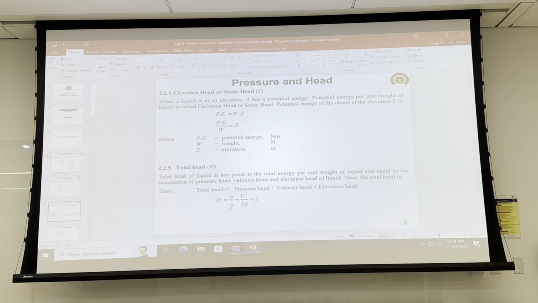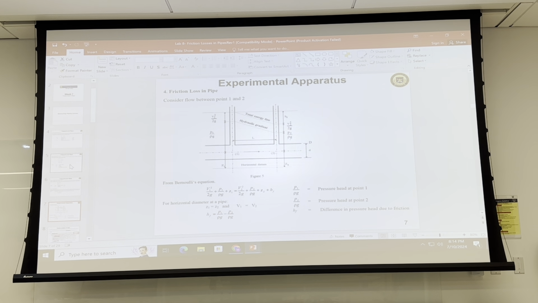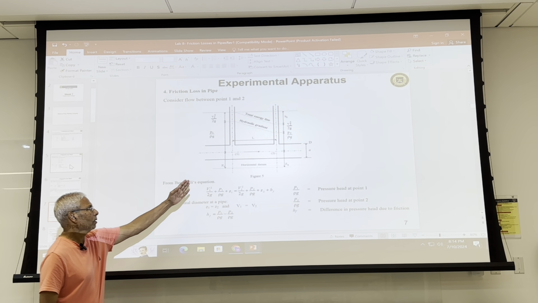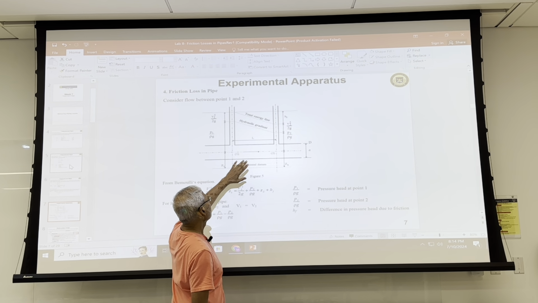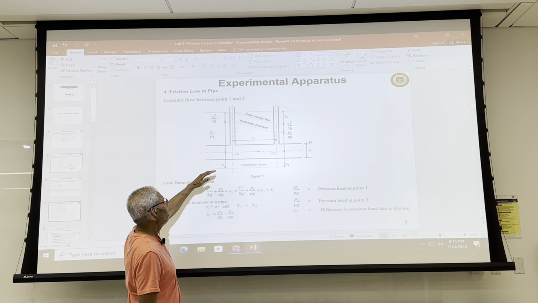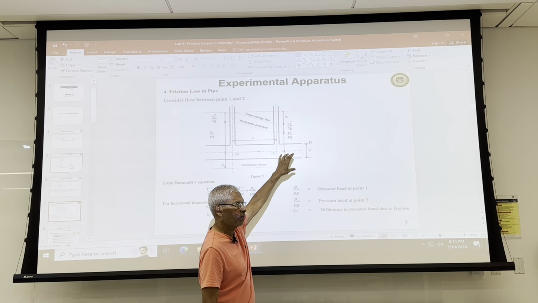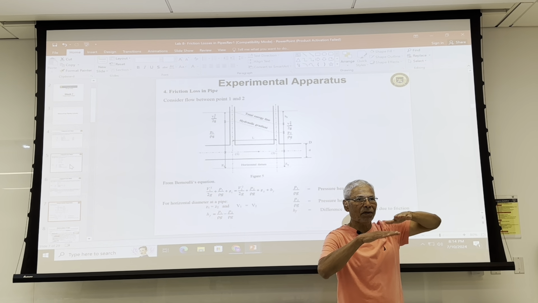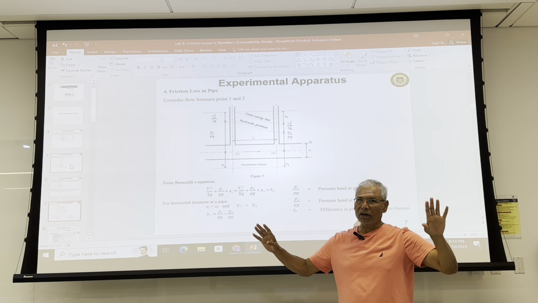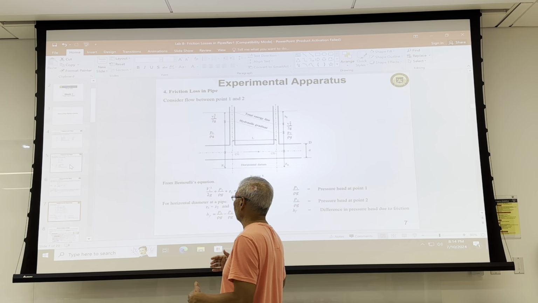In that one, when you're really applying it in a pipe, now we're applying the piezometer, how we're measuring it. So you have tap 1 and tap 2, right? In this equation, since it's a constant diameter pipe, it's not changing, and the elevation is the same, so the elevation head is gone. There's no change in elevation. Okay, that's good.